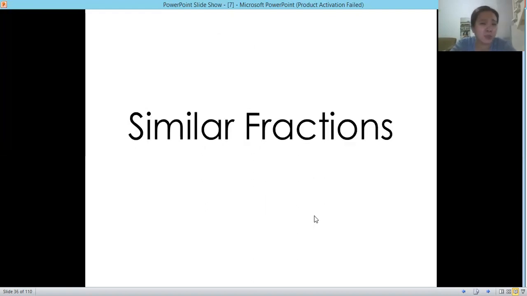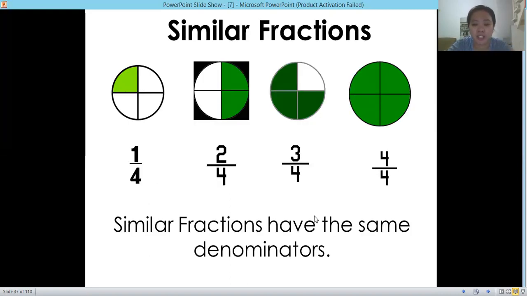Okay po, let's go to our similar fractions. Unit fraction has number 1 as the numerator, while similar fractions have the same denominators. All are the same. Okay po, so these are similar fractions. So we have here 1/4, 2/4, 3/4, and 4/4, or 1/2.